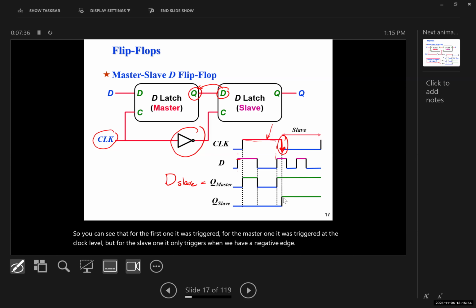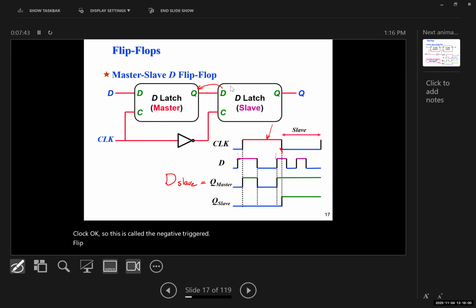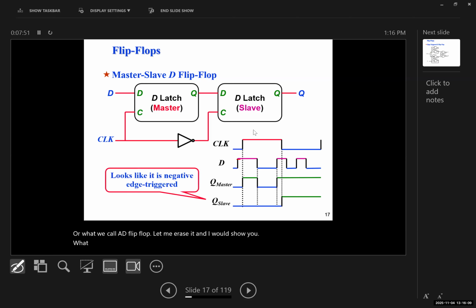Okay, so this is called the negative edge triggered flip-flop, or what we call a D flip-flop. Let me erase it, and I would show you what happens. So, as mentioned, this is a negative edge triggered flip-flop.